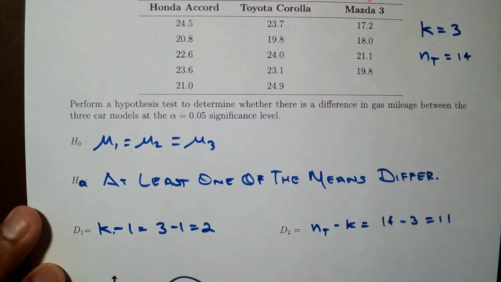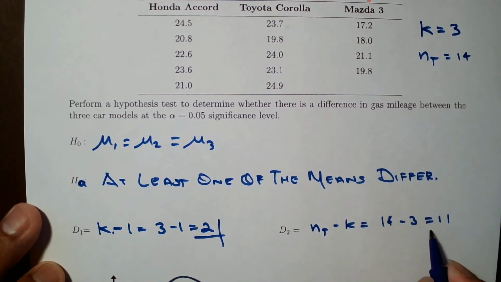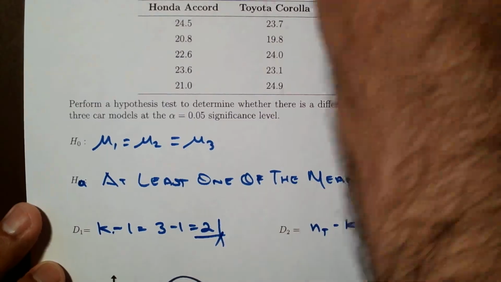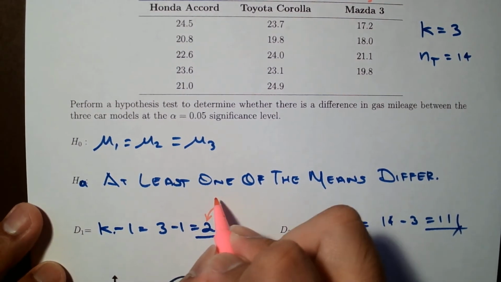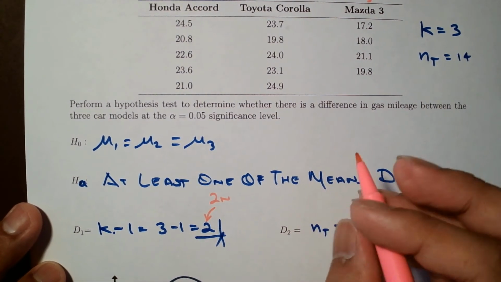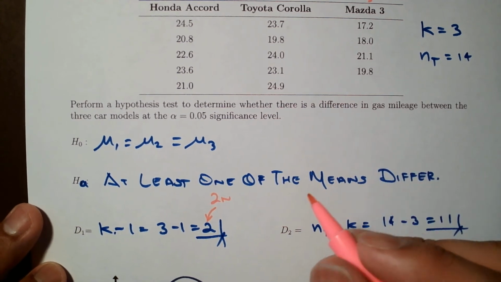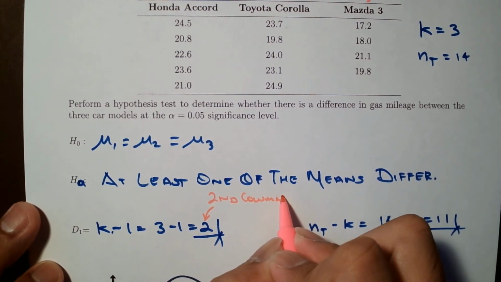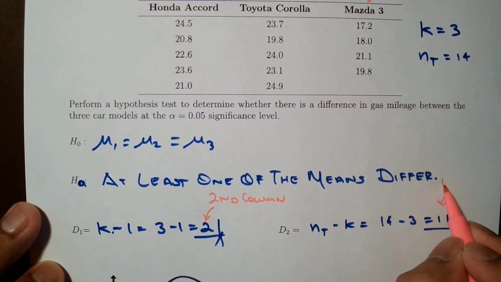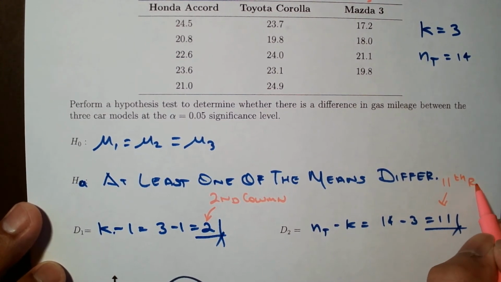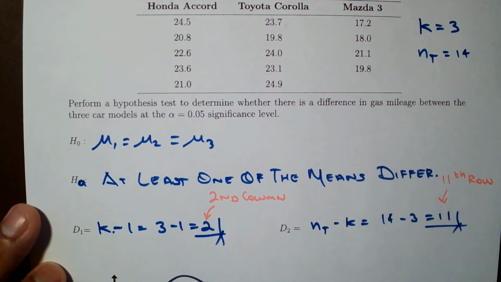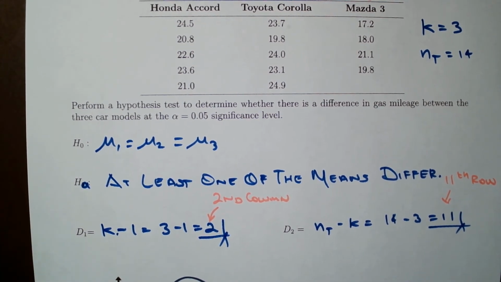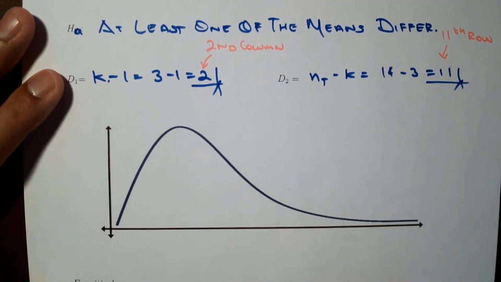That means we go to the second column and the 11th row of the table to get the F critical. So that's what we're going to do now.